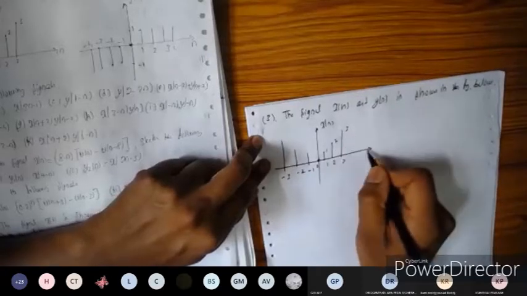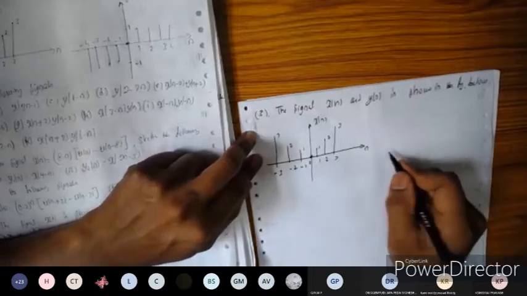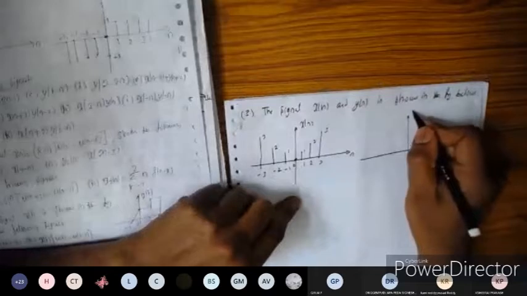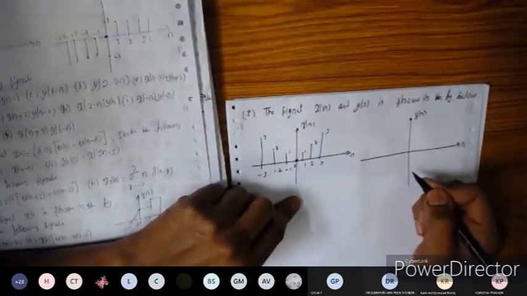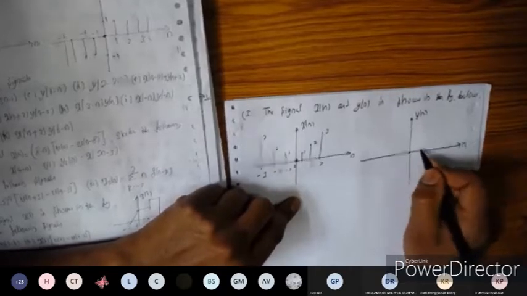This is 1, 2, 3. And this is also 1, 2, 3. And for the signal y of n, this is a sample at 0.